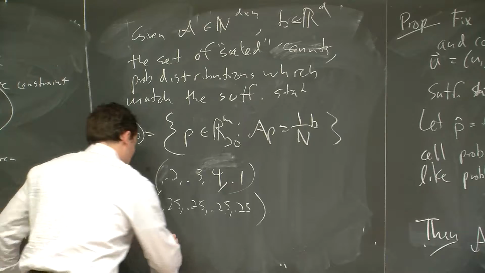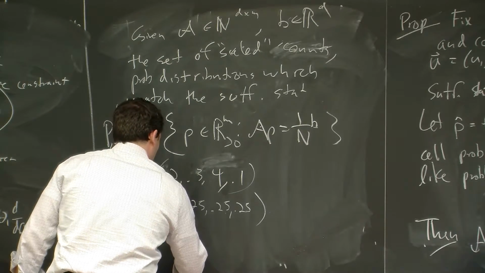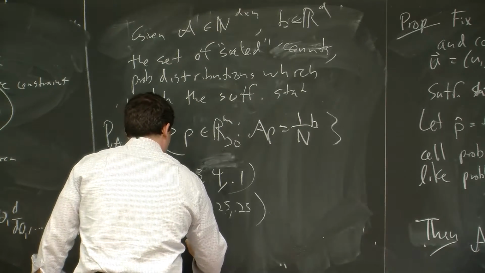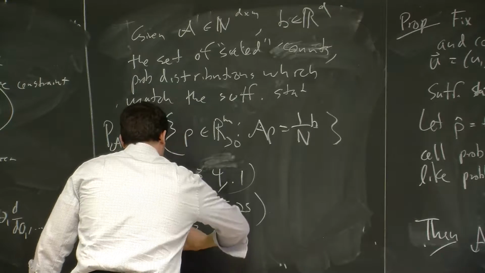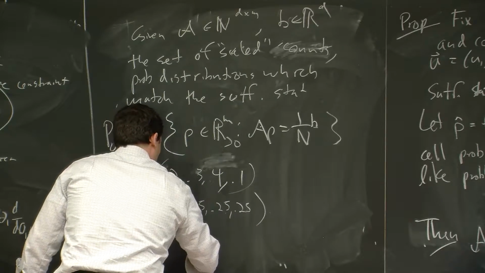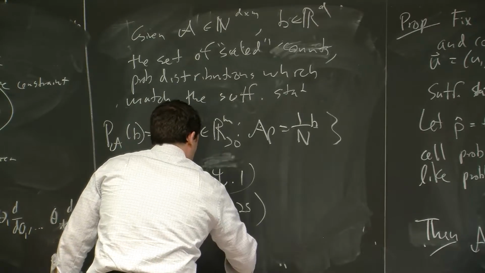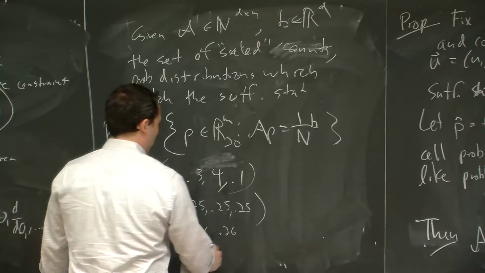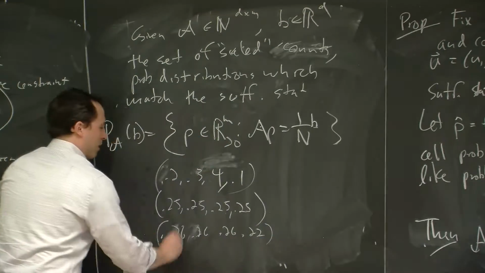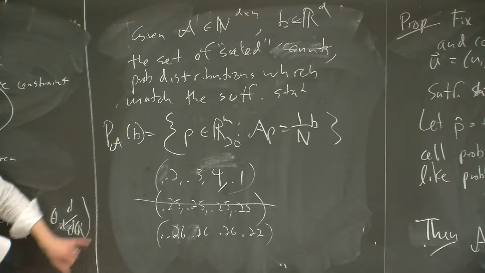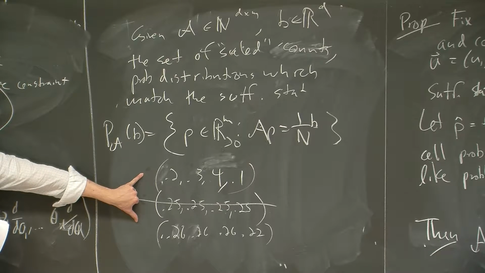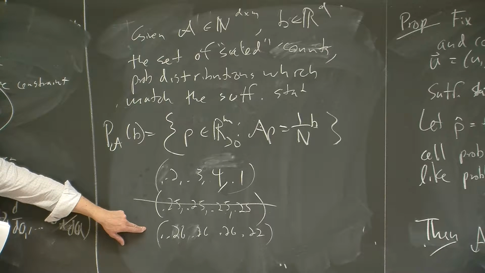Okay, so what if it was like 0.3, 0.26, 0.26, 0.26, and then 0.22. What if I didn't give you that one? Which of these would you choose? You'd probably still choose this one, right? Yes, but I don't know why. Okay.